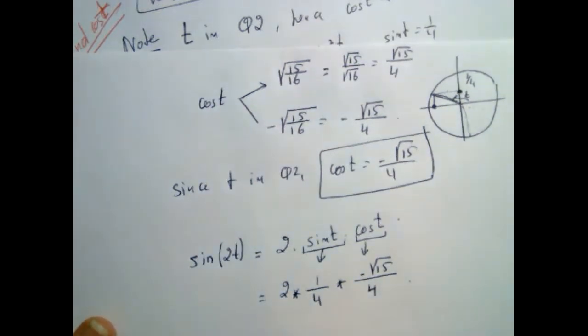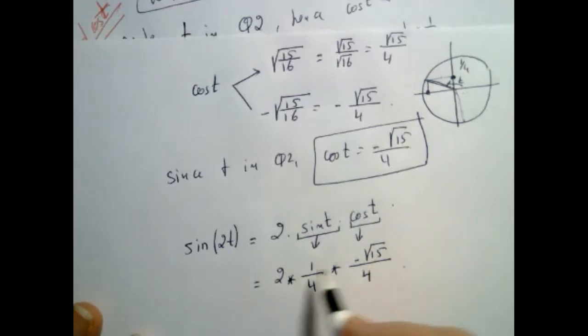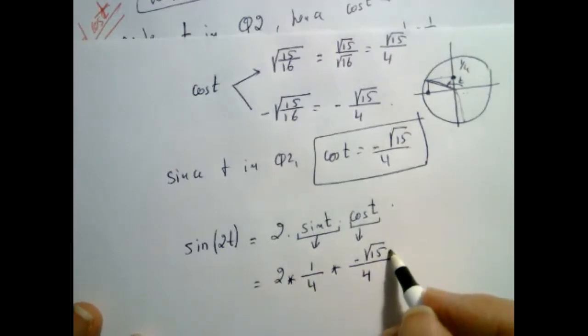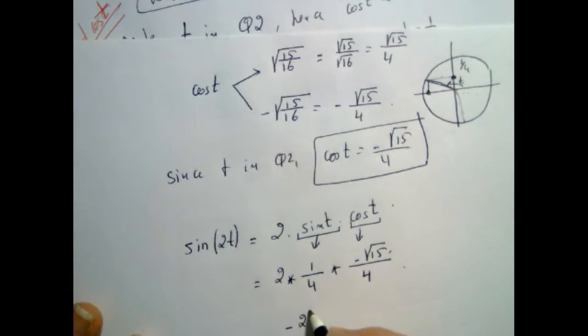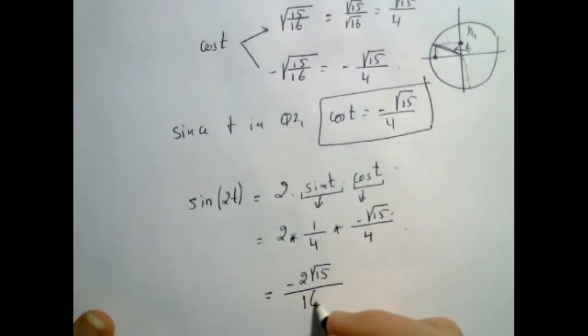And the rest is algebra. So how do we multiply fractions? We multiply across the numerator, which will leave me with that. And we multiply the denominator across, which is going to give me the square root of 16.